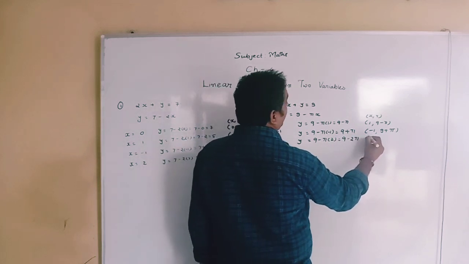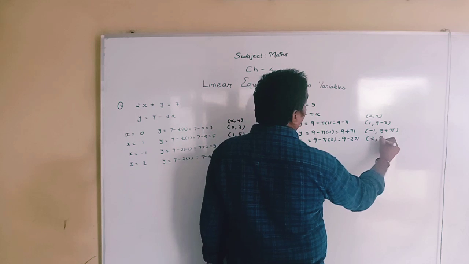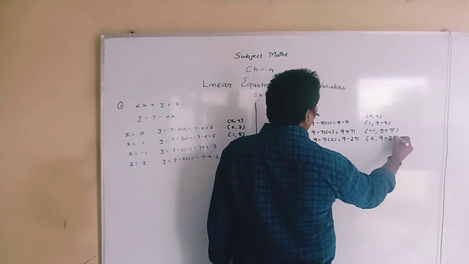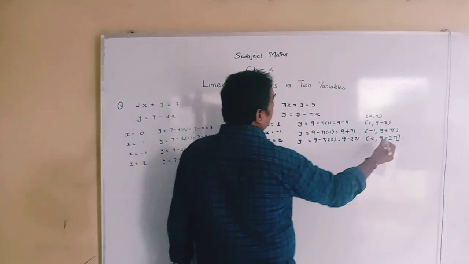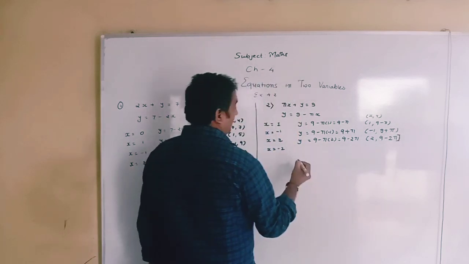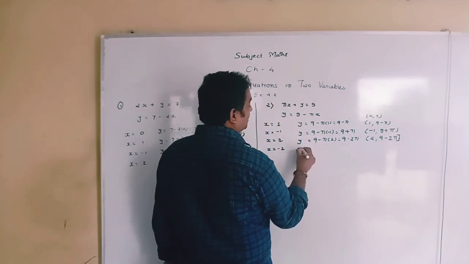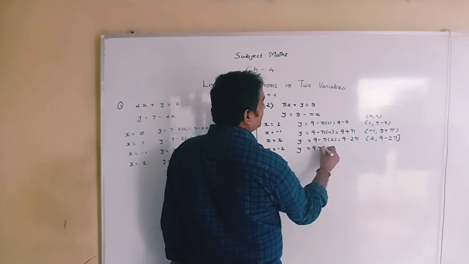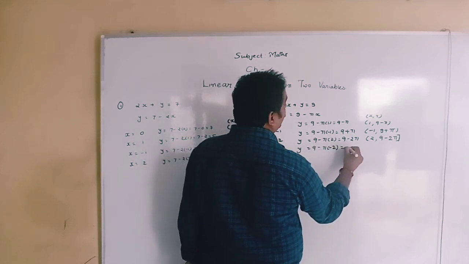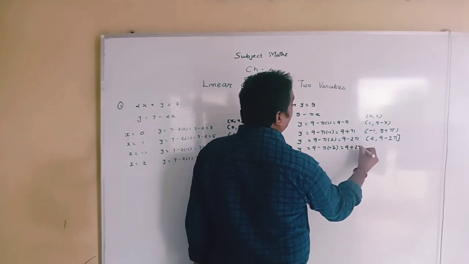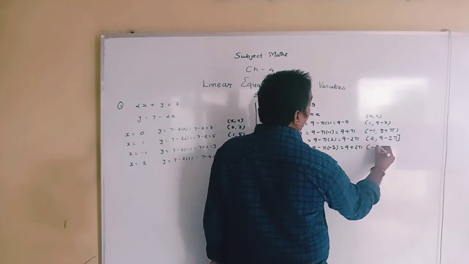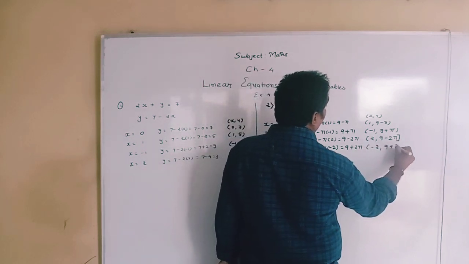And so we will get (2, 9 minus 2 pi). And if we take x equals minus 2, then y equals 9 minus pi into minus 2, that is 9 plus 2 pi. And the solution we get is (minus 2, 9 plus 2 pi).